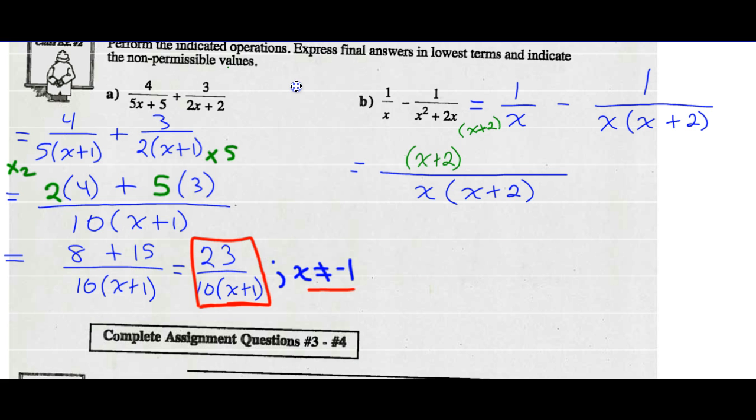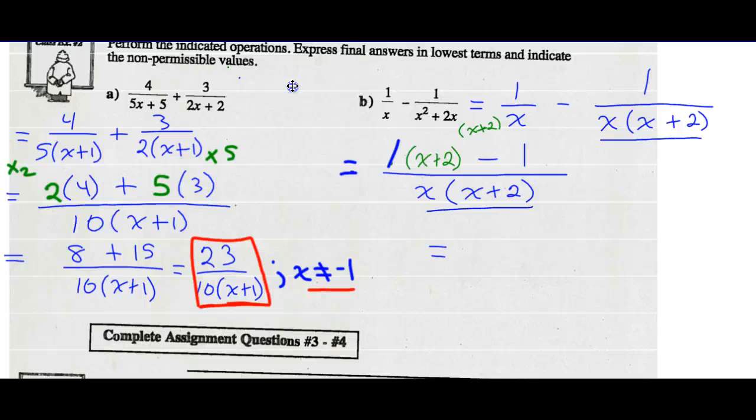And my second denominator of x times x plus 2 is already the same as my common denominator, so I don't have to do anything to my second numerator, or I can multiply it by a positive 1. All right. So I've now written equivalent rational expressions with the same common denominator.